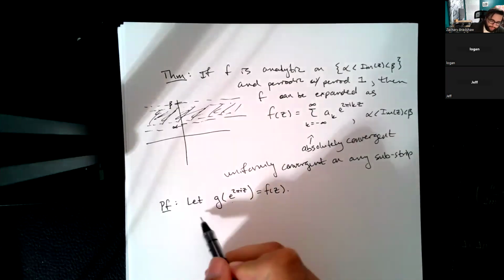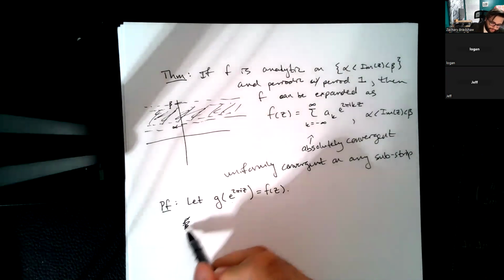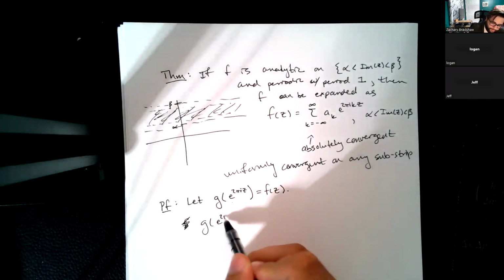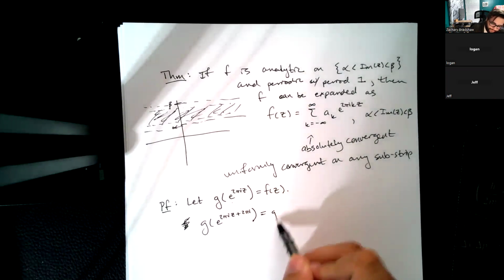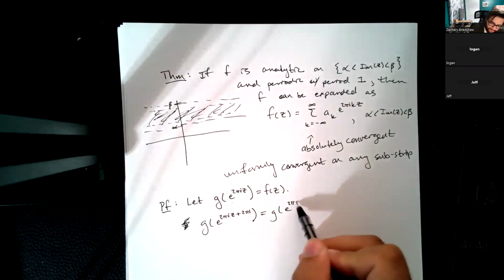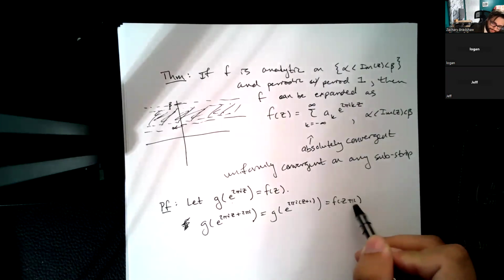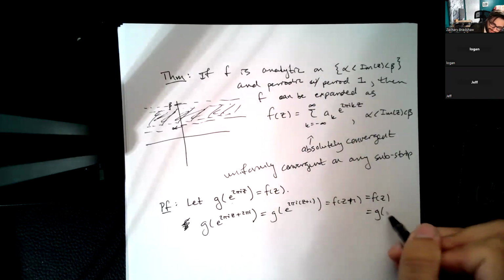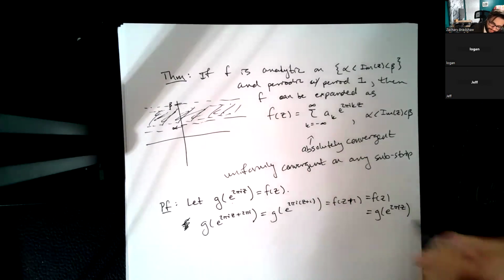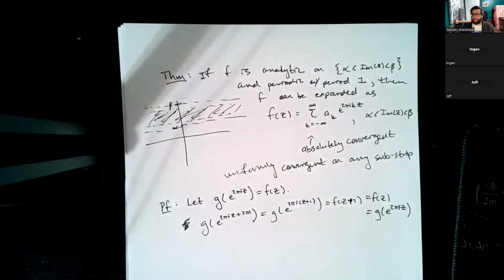But since f is periodic with period 1, G of e to the 2 pi i z plus 2 pi i is G of e to the 2 pi i (z plus 1), which is f of z plus 1. But by the periodicity of f, this is f of z, which is G of e to the 2 pi i z. So this ambiguity in how we write the exponential doesn't matter. This function is indeed well defined.